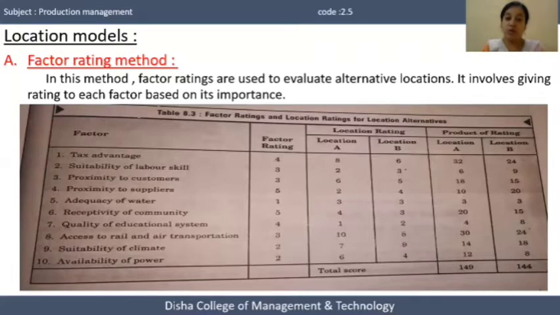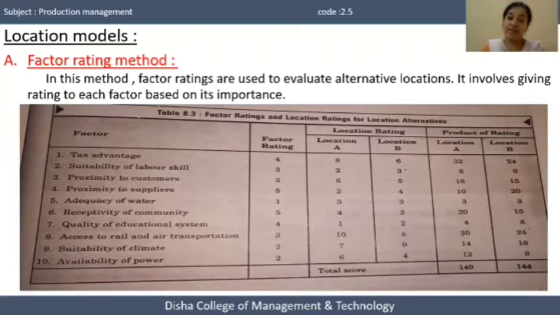He has to provide the maximum rating to a particular factor which is more important to them, and he assigns a lower rating point to a particular factor which is less important to them. Means the factor which is more important to the industrialist or to the plant, generally he assigns 5 rating points, and the factor which is less important to the industry, generally the industrialist rates that factor at point 1.